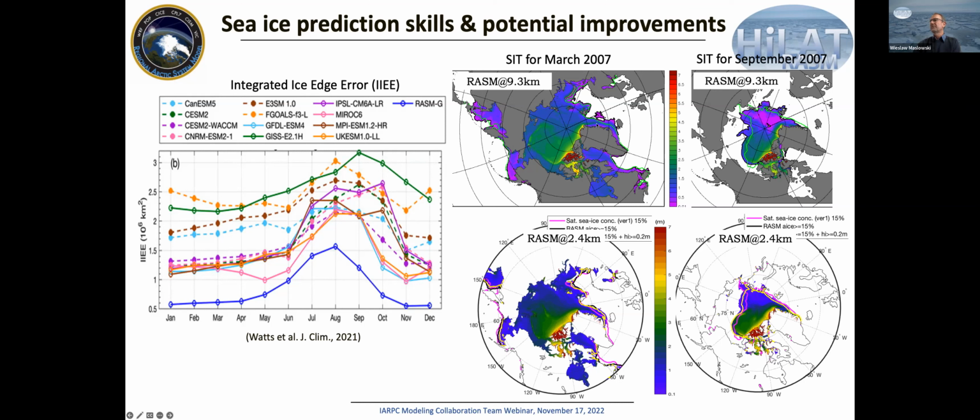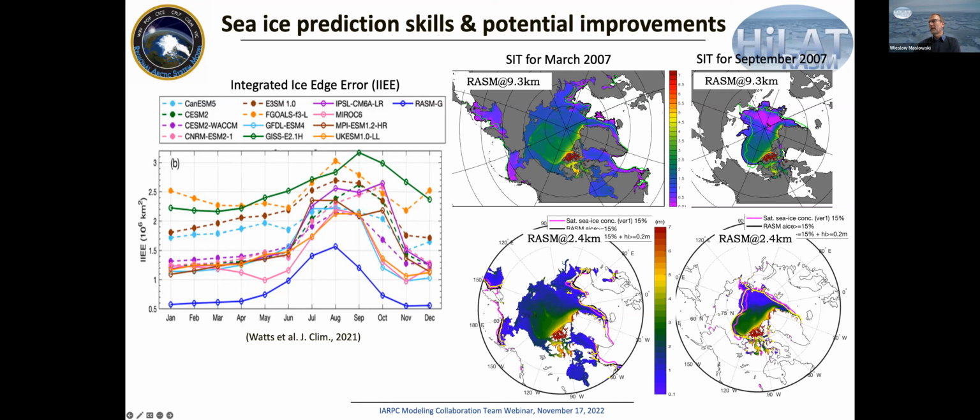But there are still some persistent biases, for example, in the Nordic seas, the so-called all-in. And in the summertime, you can see some biases in the Western Arctic and also north of the Barents Sea and Kara Sea. Those biases can be further improved when we increase model resolution from 9 kilometer to 2 kilometer, which is shown in the bottom panels.